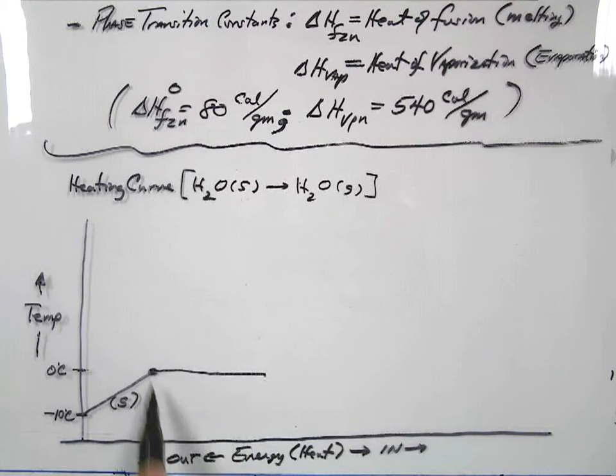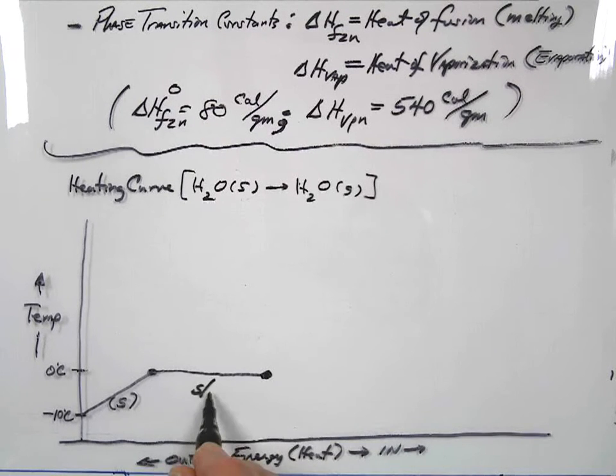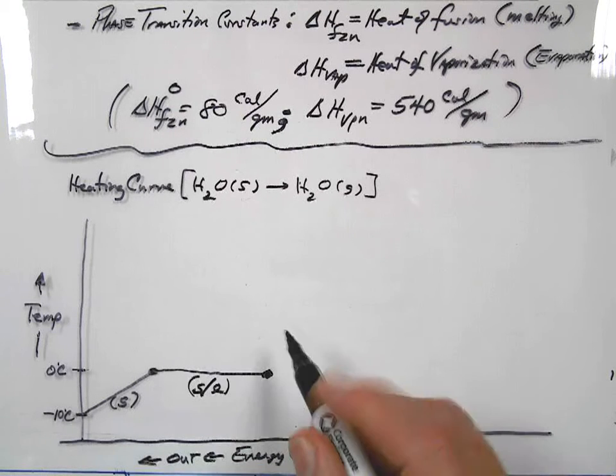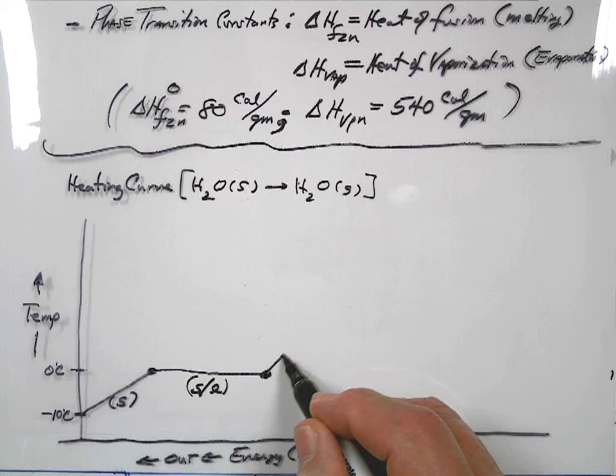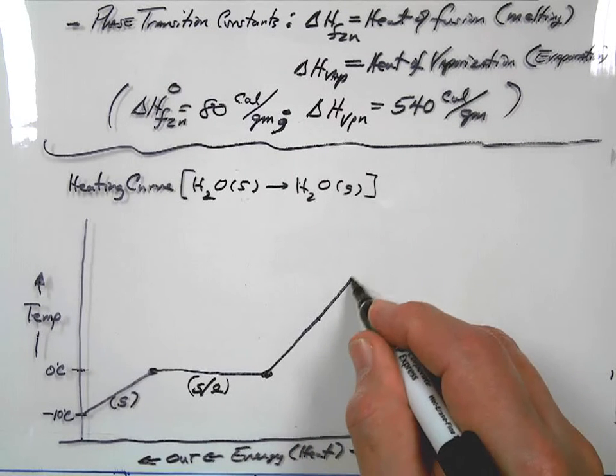Yes, we're putting energy in, but this is the solid-liquid interface. There are 2 phases in that segment. No temperature change is occurring. Now, once all of the ice has melted, everything's liquid water now, temperature change can be effective again, and it will.